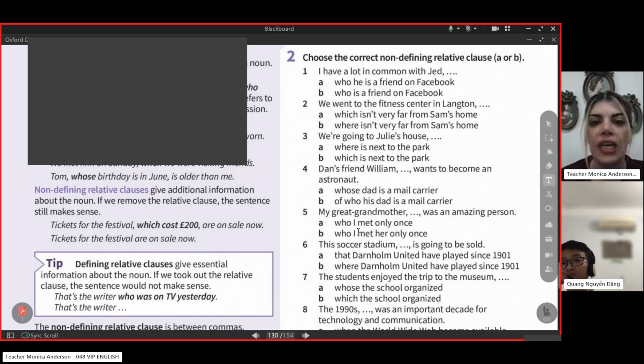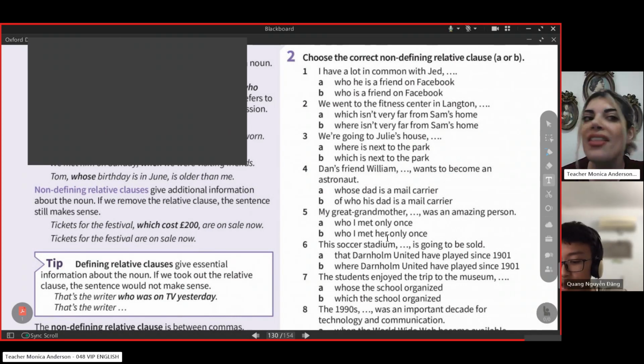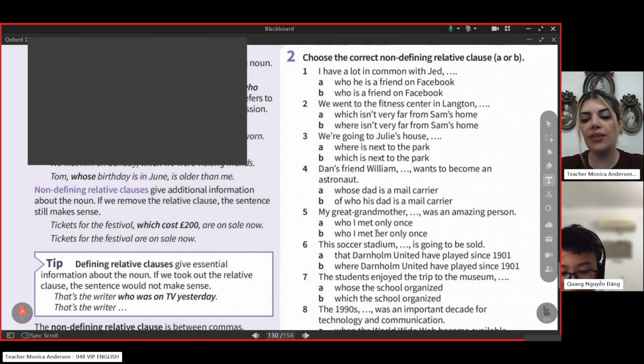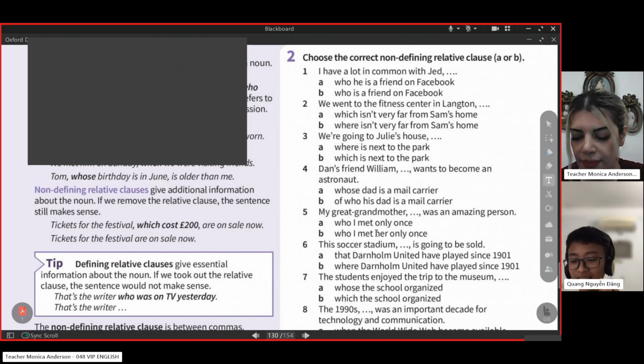B. Because if you say who I met, of course, two answers include who I met. But B, who I met her, definitely no. When I say who, I don't need to repeat the object again. So I don't say who I met her. I say who I met. Who is used instead of her. Okay, I get it.